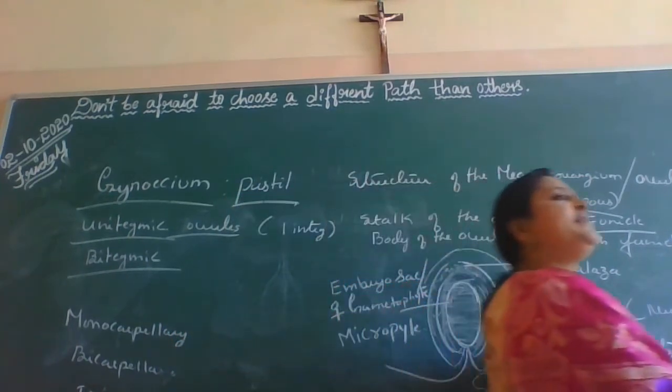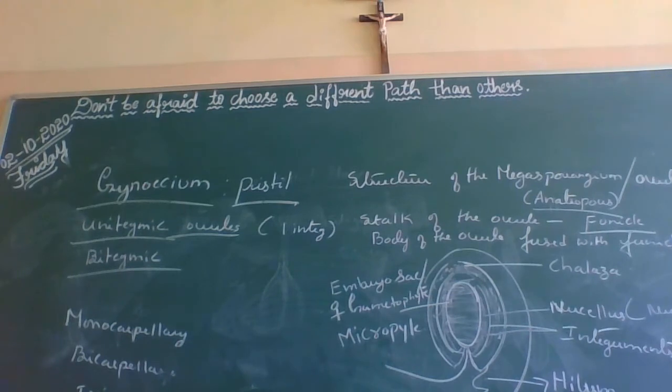What is the another name given to the embryo sac? Female gametophyte. Female gametophyte is also called as embryo sac. Where is the embryo sac present now? In the nucellus. Got my point?